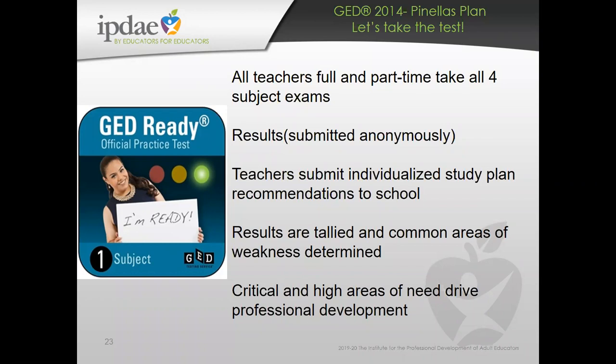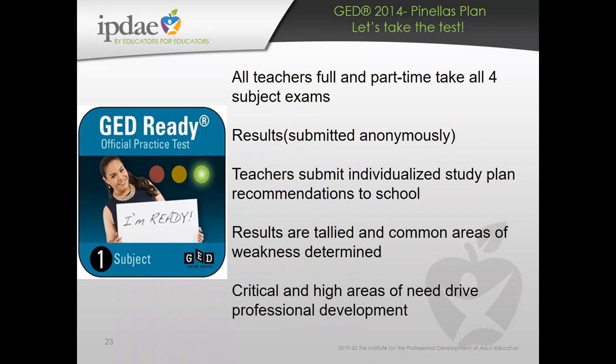These results were tallied, accumulated, and rated according to a rubric we created using the categories of critical, high, medium, or low area of skill weakness. A critical area of remedial need meant that more than 75% of the teachers missed that skill on the exam. A high area was 50 to 75% missed it.